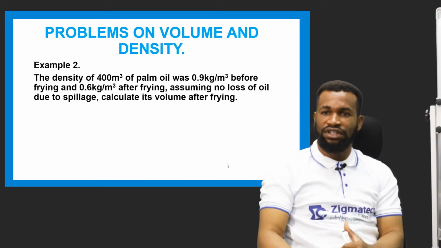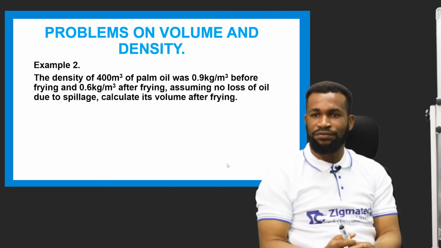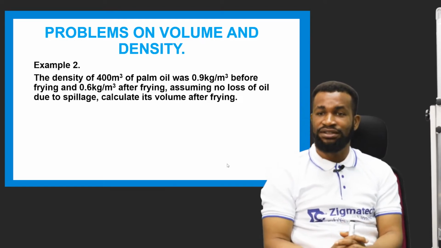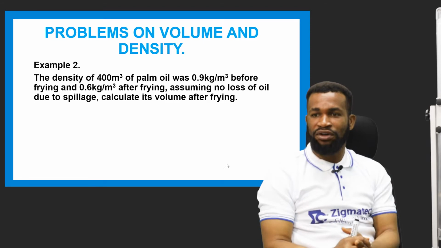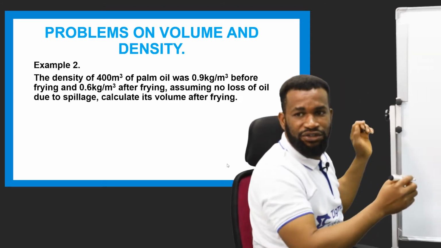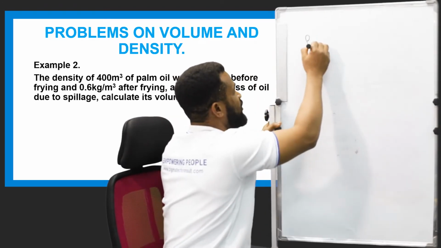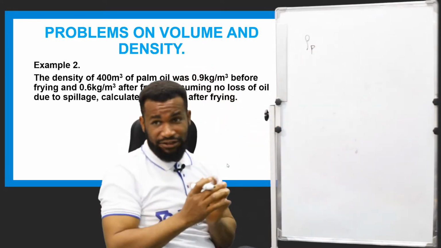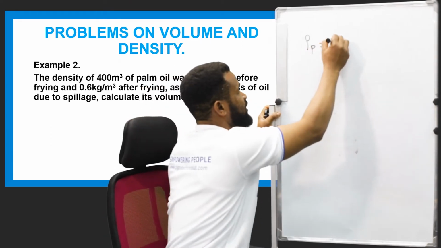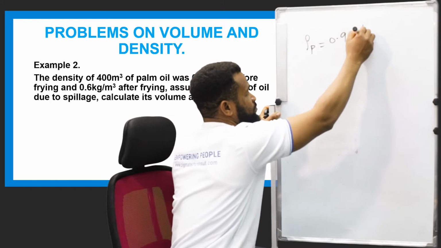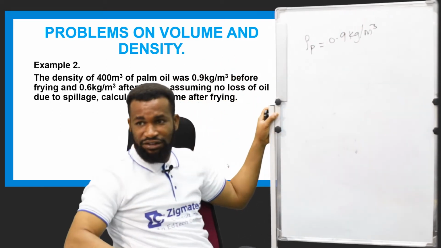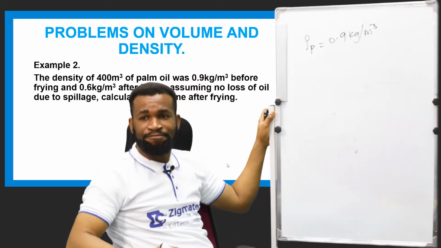So moving on to number 2, we said that the density of 400 meter cube of palm oil was 0.9. So density of palm oil, I'm going to use P as palm oil, is given as 0.9 kilogram per meter cube. That's the density of palm oil before frying.